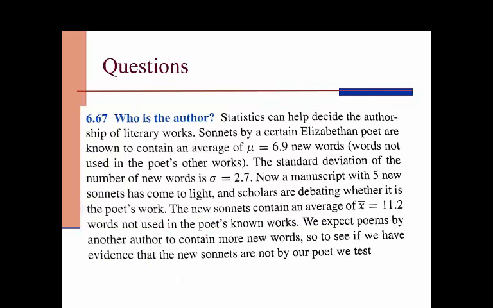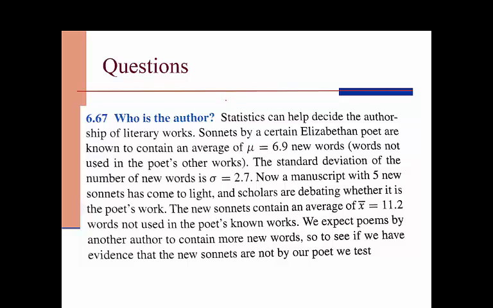Okay, so let's do a question. You're looking at who is an author. Okay, and you can decide that based on some statistics that's taken about a poet whose average is 6.9 new words in every poem that they write. That's their historical average.